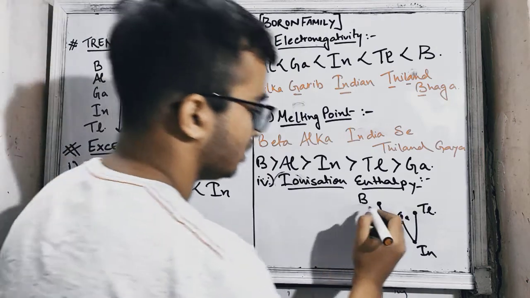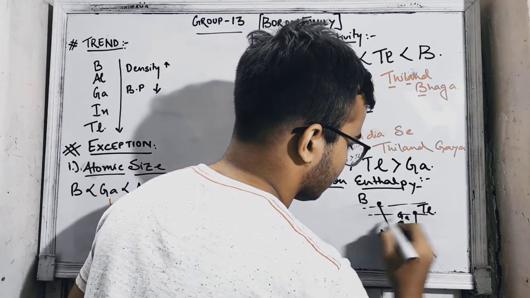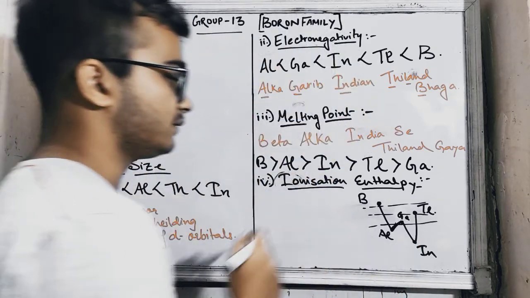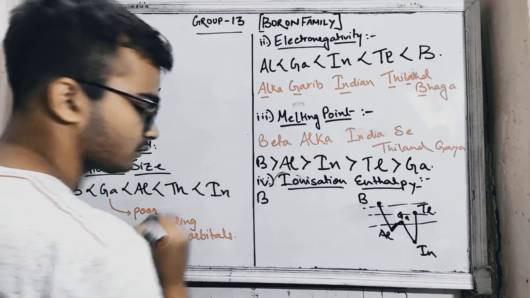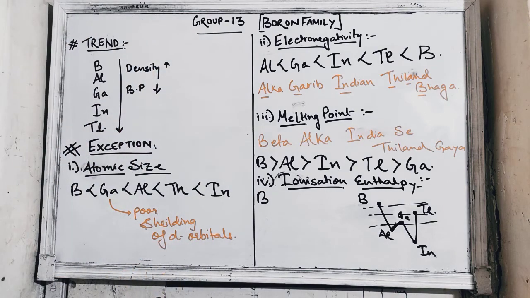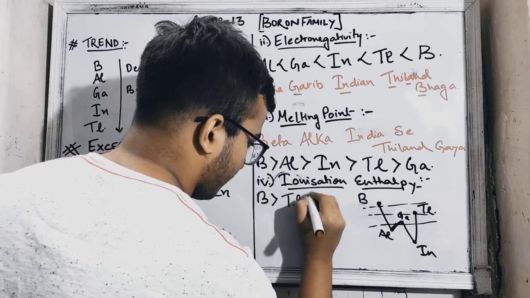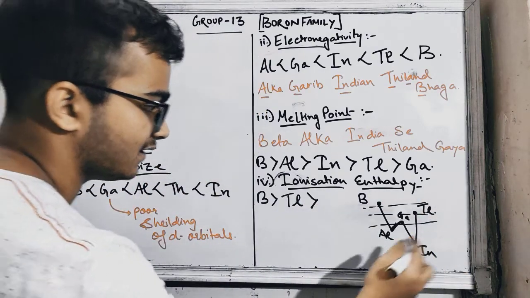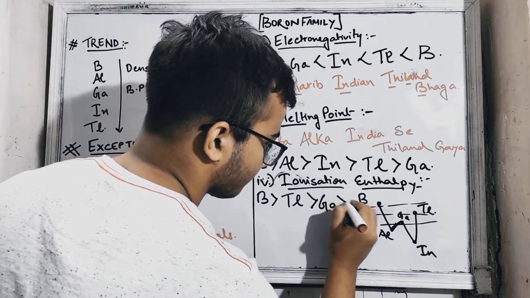Now see, if you draw lines like this, what is coming first? Boron is coming first, so let's write boron. After boron, what is coming? Thallium. After thallium, what is coming? Gallium. Very good.